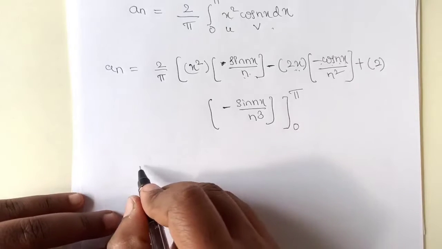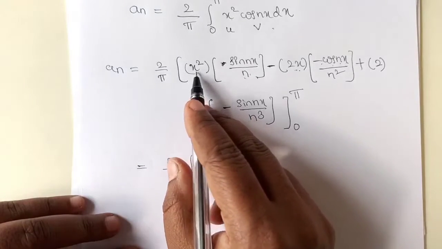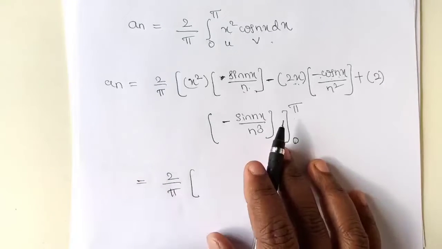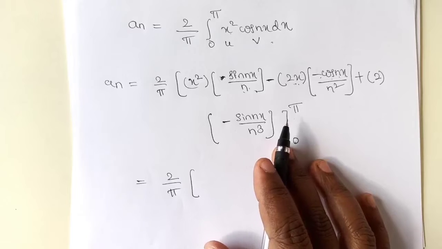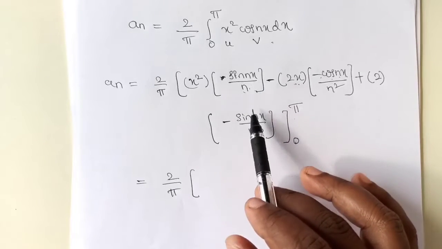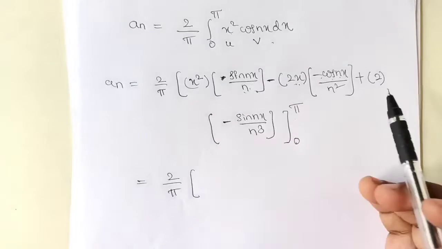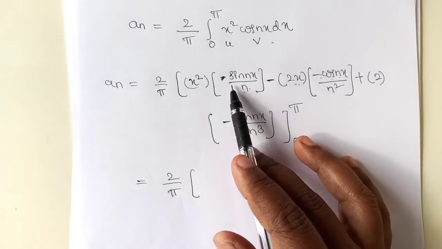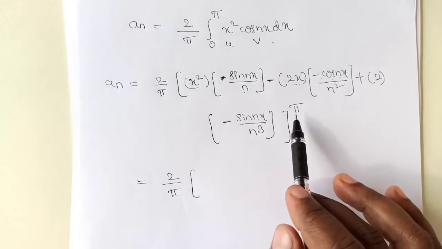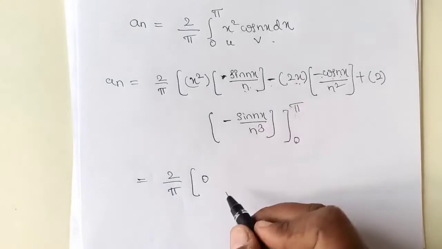Now 2 by pi, applying limits 0 to pi. Remember that we have to add limits only for cos terms, not for the sin terms, because for sin we get sin of n pi equals 0. So here we get directly 0 for this one.